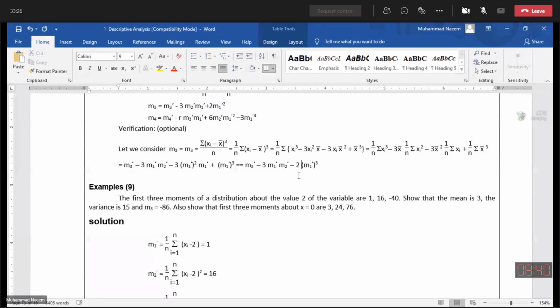This expression, just for convenience, shift this on the right hand side.